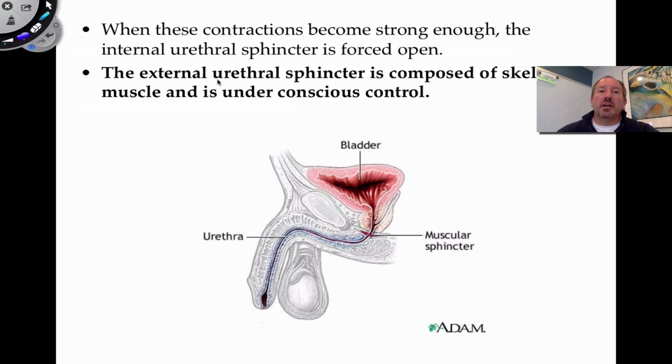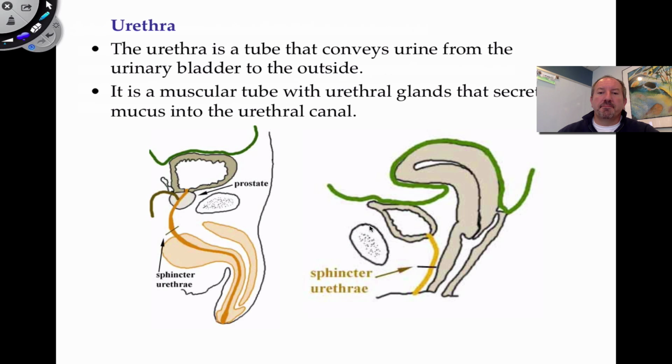So it's this external urethral sphincter that is controlled consciously, and that's located again right over here at the base of the prostate gland. Okay, and the urethra, again, for the female, is a little bit shorter, and here's the sphincter that controls urination in the female right there. And then in the male, it's a little bit higher up here, close to the prostate gland. All right, and then urine is released to the outside.